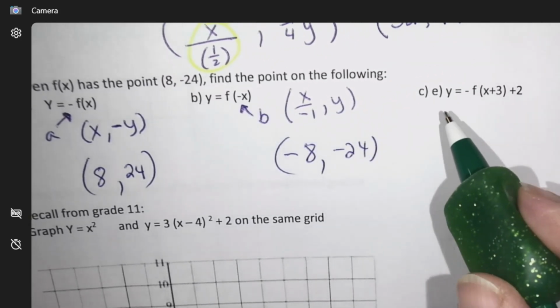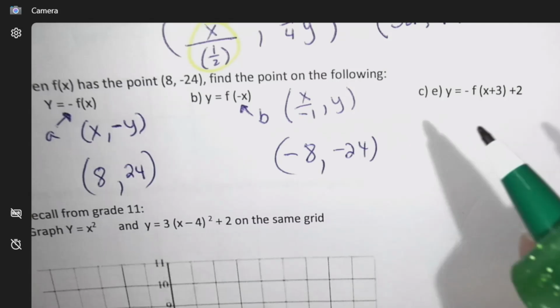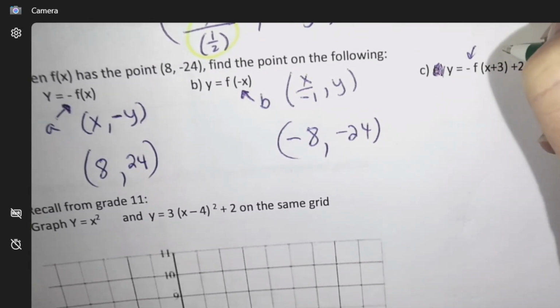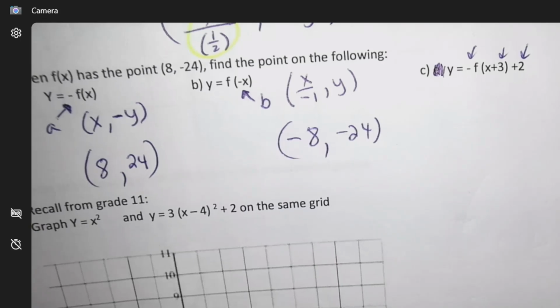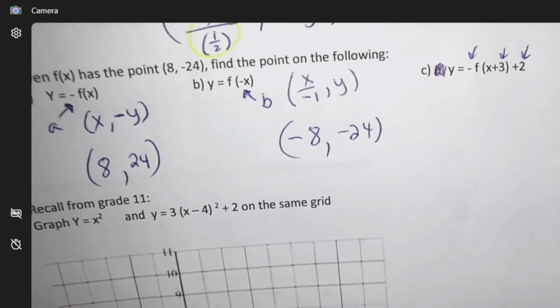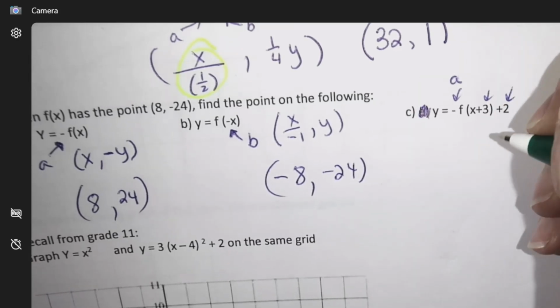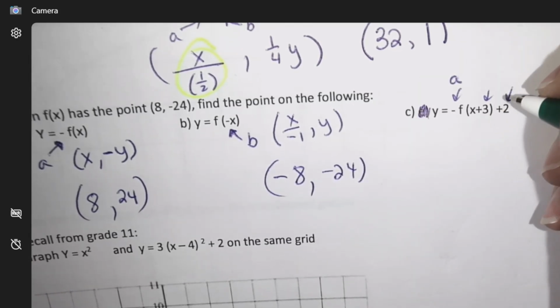Oh, what am I doing here? C and E. You have 3 of the letters going on this one. 3 of the letters. What do we all got? We have a negative on the A position.